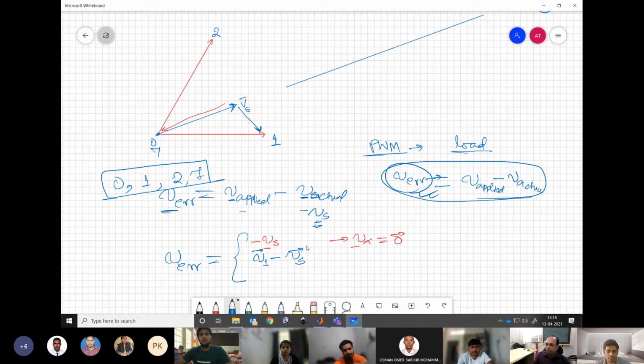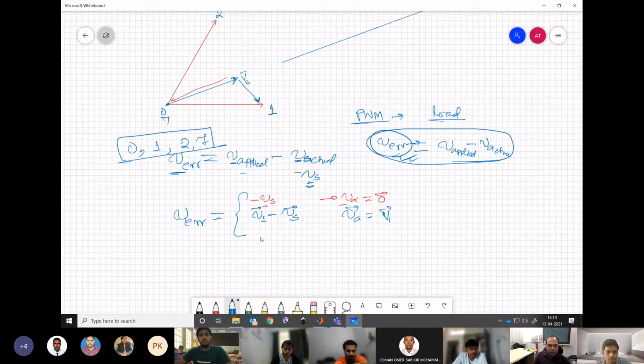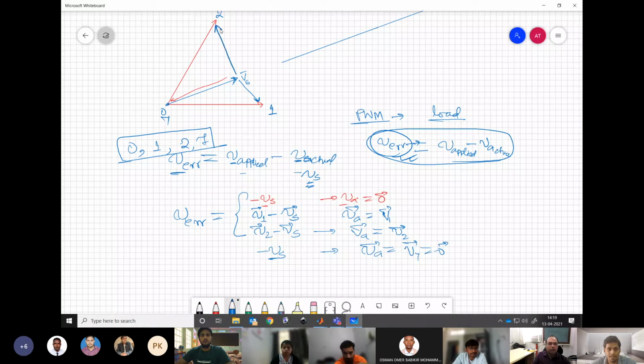Understanding my point? And when we apply 2, the applied is V2. When we apply vector 2, it is simply V2 minus Vs. And again, when we are applying 7, that time again the error is minus Vs. So this third error is something like this: V2 minus Vs. This error is along this.